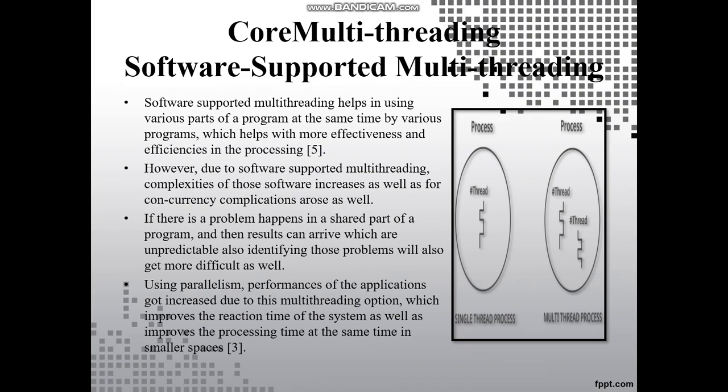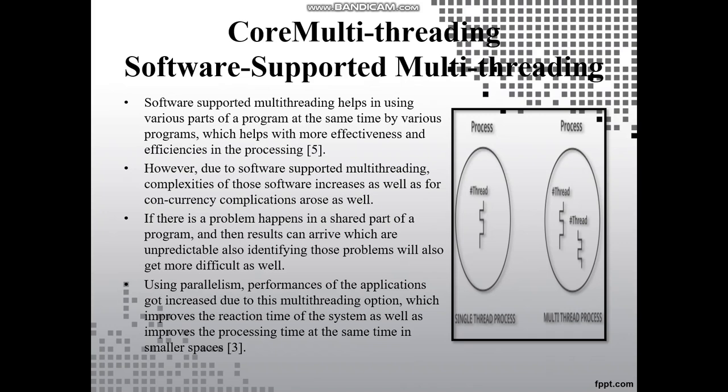core multithreading software. In this there are four categories, and the first one is software supported multithreading. Software supported multithreading helps in using various parts of a program at the same time by various programs. It gives more effectiveness and efficiency in the processing.